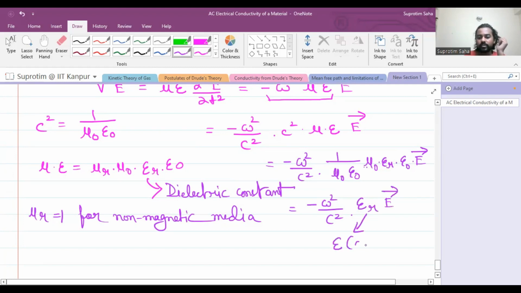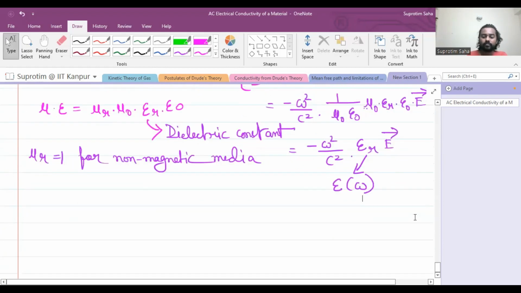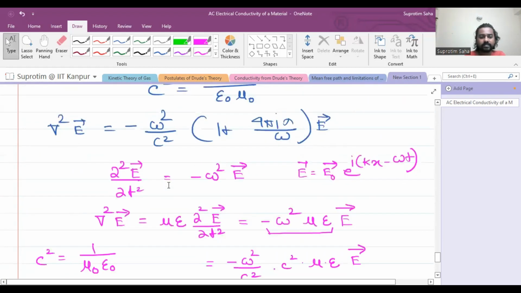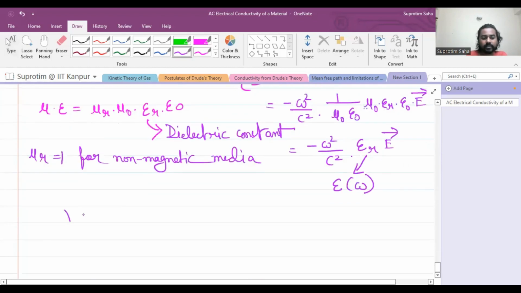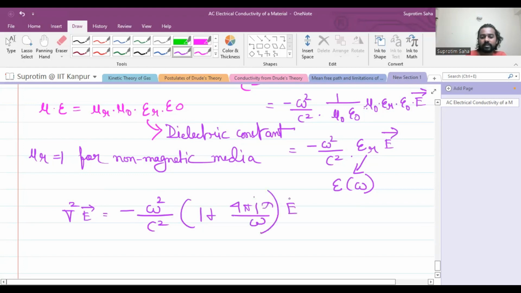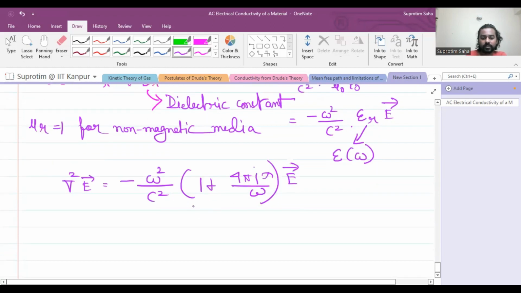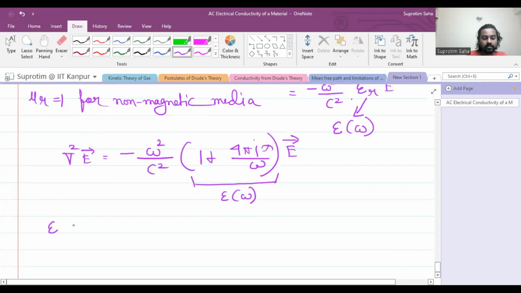So what we had is grad squared E minus omega squared over c squared times (1 plus 4 pi i sigma over omega) times E. This dielectric constant is in general complex.